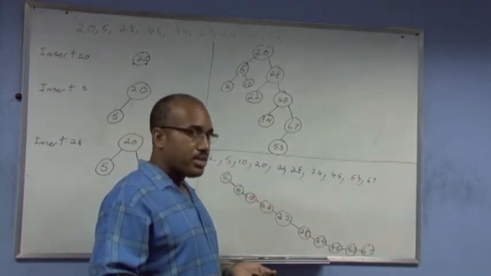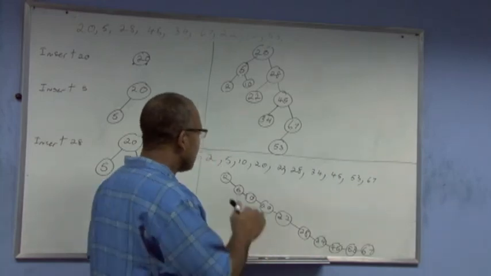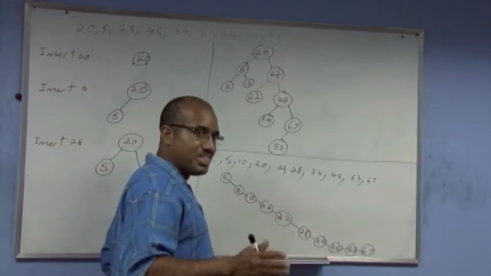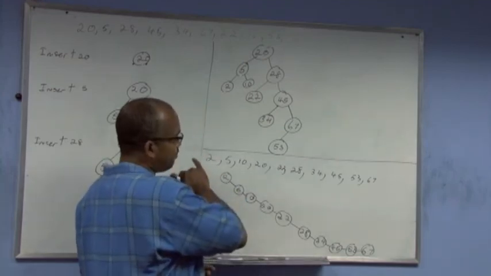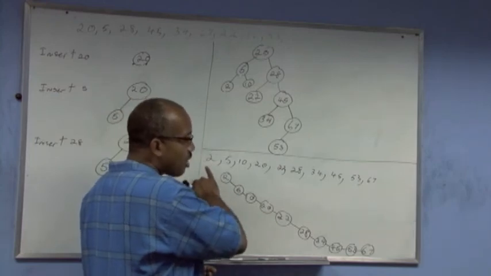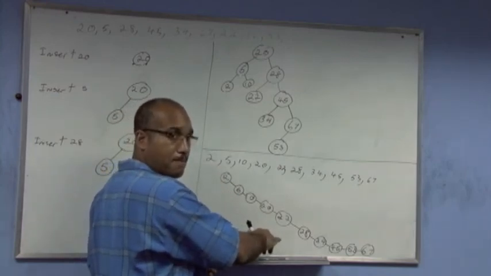And if the tree is balanced, then the height of the tree is log to the base 2 of n. That was proven previously. We don't have time to prove that right now. Okay. Now, if the tree is not balanced, we can degrade to a theta n performance.